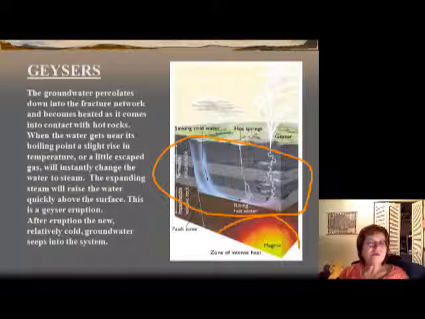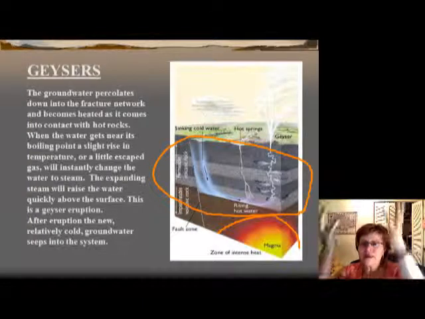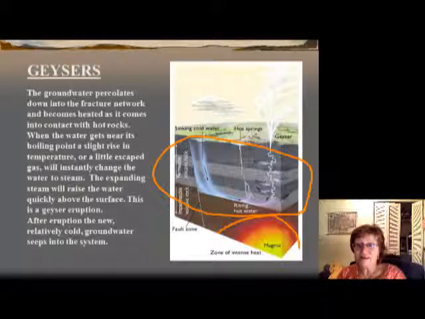When the water gets near its boiling point, a slight rise in temperature or a little escaping gas will instantly change it from water to steam. Because the steam expands suddenly, it makes the water come up to the surface very, very quickly. This is the eruption of the geyser.